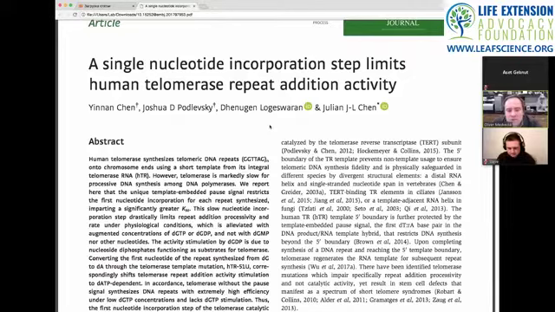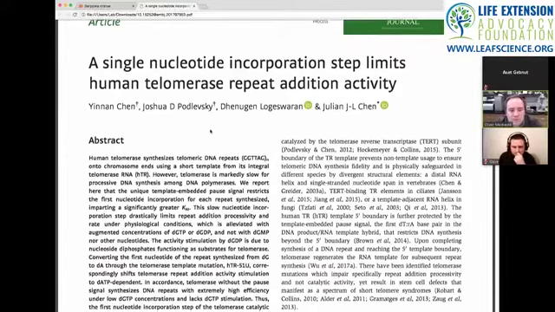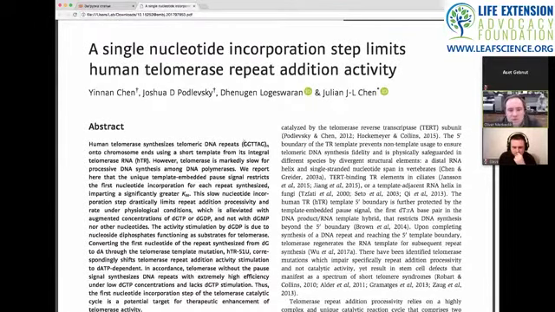It uses that to synthesize repeats of DNA at the ends of chromosomes because of a problem known as lagging strand. Well, it's not a problem, but due to lagging strand synthesis, every time cells replicate, they lose a little bit of themselves. And human telomerase synthesizes repeats that come in the form of GGTTAG with a little subscript n, which means they're just repeated over and over again.